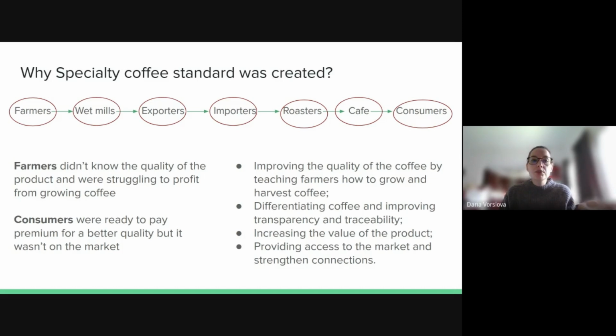And consumers were ready to pay a premium for better quality, but it wasn't on the market. And CQI, the Coffee Quality Institute, invented the standard of specialty coffee, which allowed improving the quality of the coffee by teaching farmers how to grow and how to harvest properly, in order to achieve a better product, differentiation, and improved transparency and traceability.